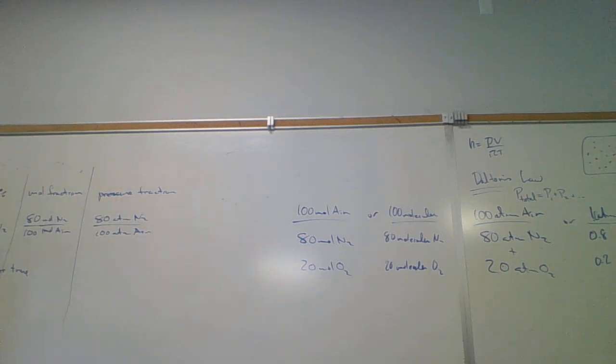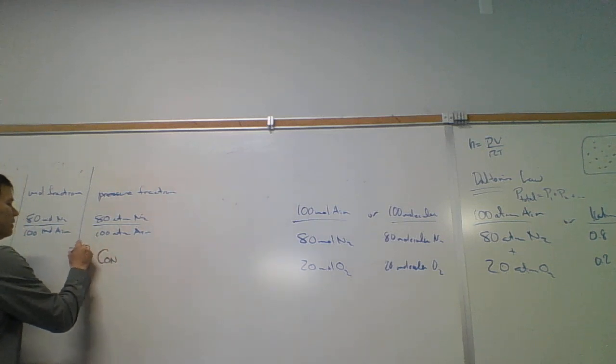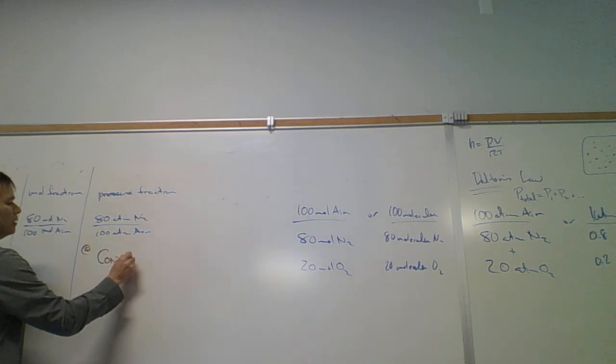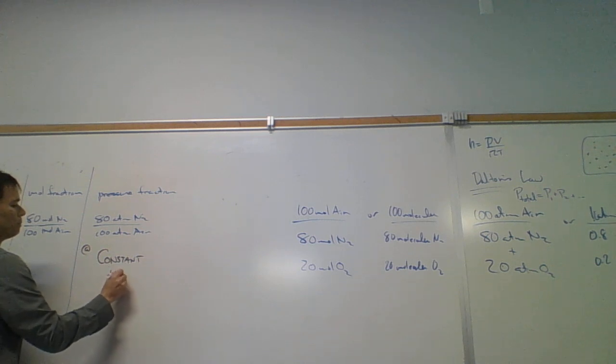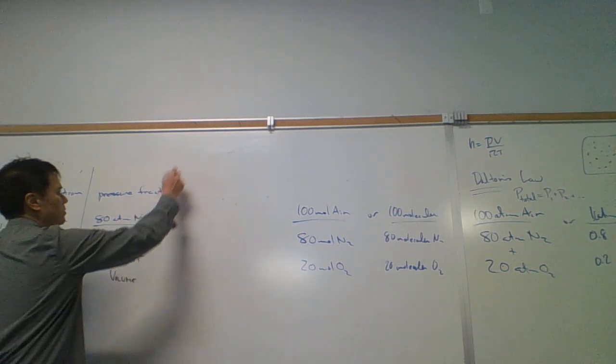So this 80% is 80 out of 100 moles, or 80 out of 100 atmospheres. But when we do this, we have to place a restriction. And the restriction we place here is what we call constant volume. At constant volume. There's no restriction on the mole fraction or the mole percent. There is a restriction on the pressure fraction.